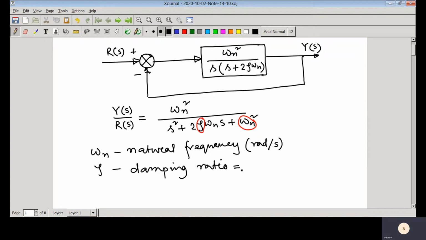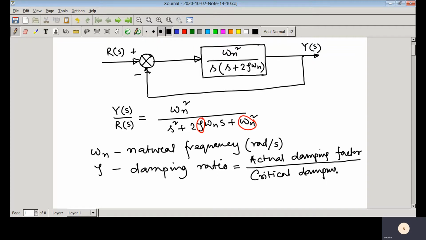Why it is called ratio, I will be discussing just now. It is the ratio of two damping factors: the actual damping factor divided by the critical damping factor. Now the question is, what is the critical damping factor? That we will discuss later.